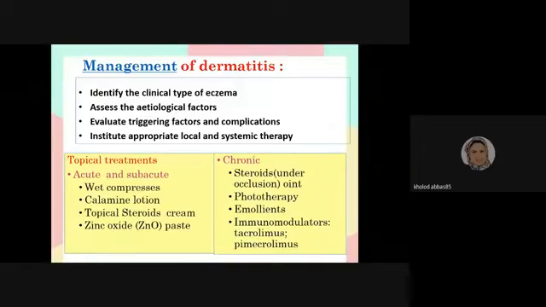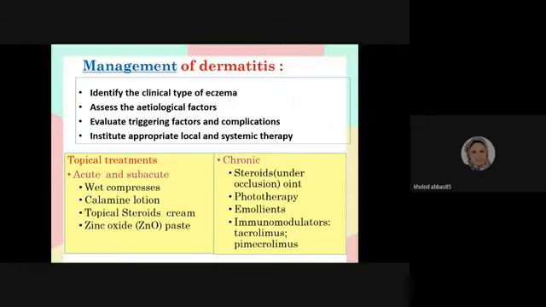In refractory cases, phototherapy. The phototherapy means using of ultraviolet light, UVA or UVB. Actually, we use UVB in refractory treatment, atopic dermatitis not responding to topical or systemic treatment. We cannot use topical steroids for a long time or systemic steroids for a long time.